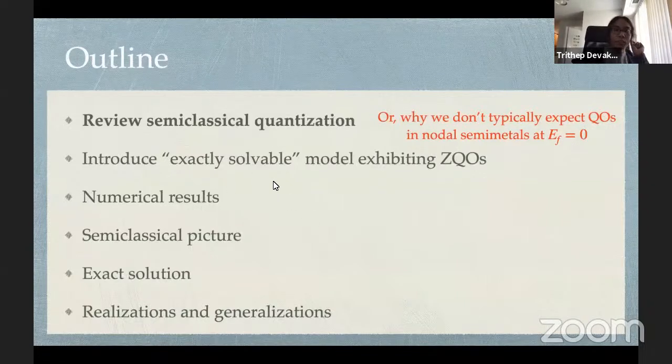Then I'll introduce, in quotes, an exactly solvable model that exhibits what we call ZQOs, these quantum oscillations. Then I'll tell you some numerical results. I'll give you a semi-classical explanation for these quantum oscillations. And finally, I'll tell you about the exact solution for this model. And to end it all, I'll give you some realizations and generalizations of this physics.